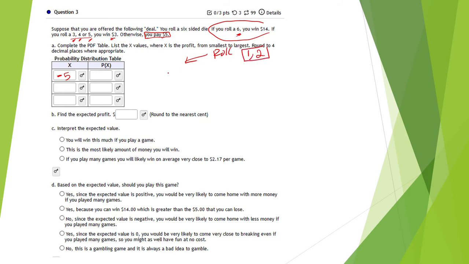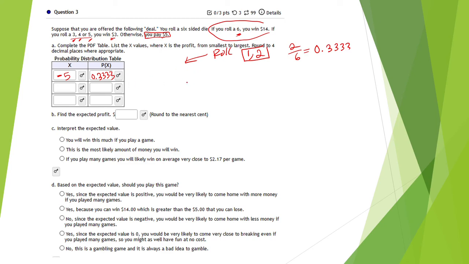So if I roll a 1 or a 2, I'm going to lose $5. What's the chance of getting a 1 or a 2? Well, that's 2 out of 6. And if you do the calculation, 2 out of 6 is 0.333. So we have a 0.3333 chance of losing $5.